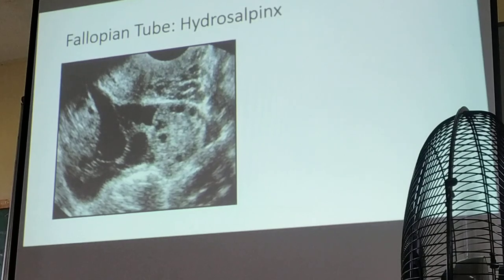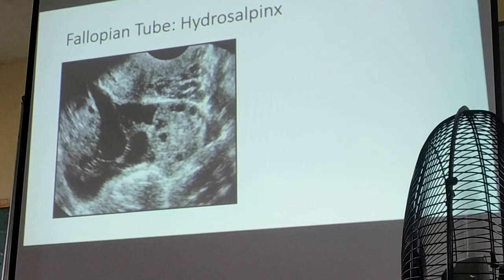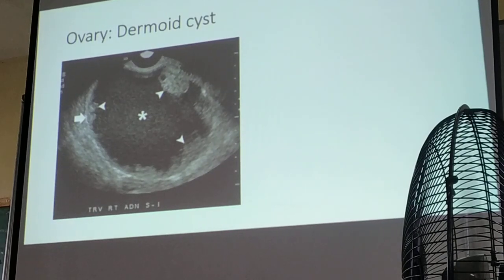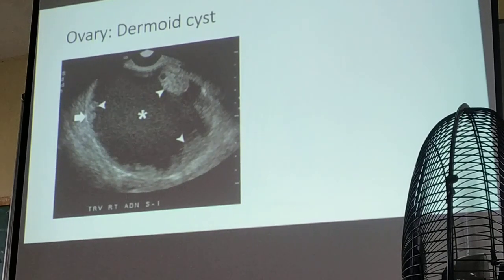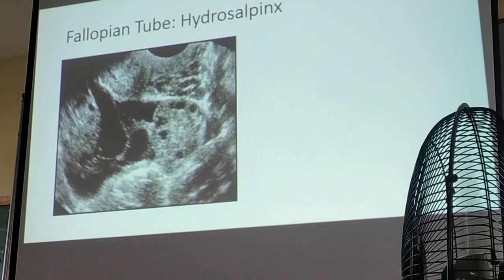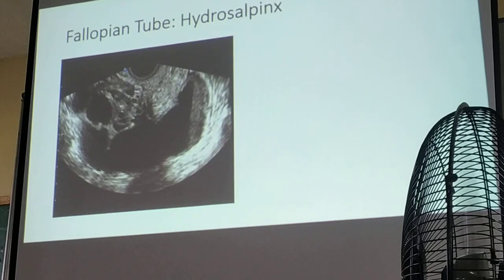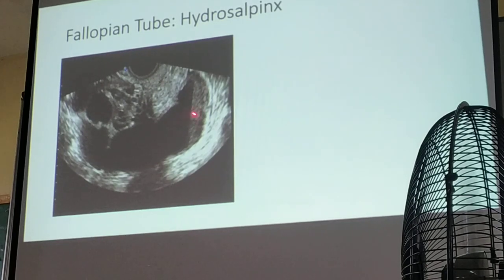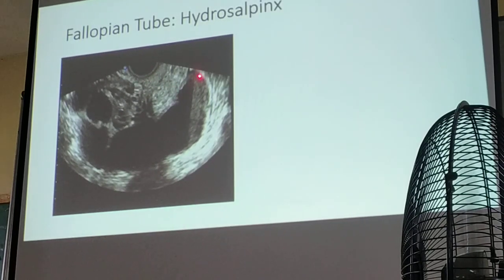Okay, hydrosalpinx. So dermoid and chocolate cyst will come out, okay? And then for your hydrosalpinx, I'll show you this, okay? So your clue here should be your transvaginal probe.